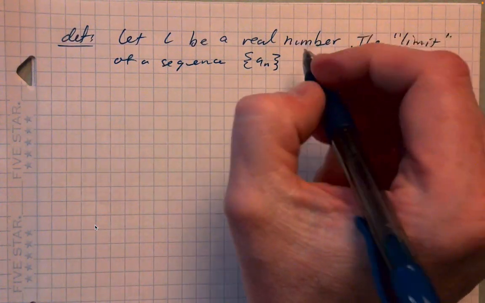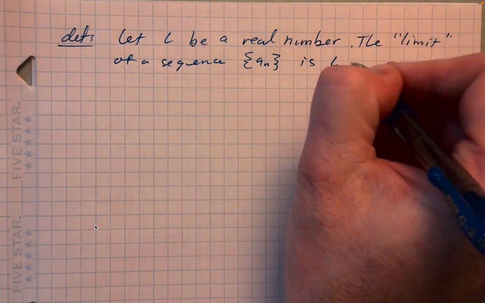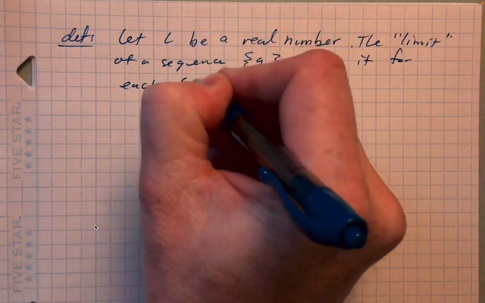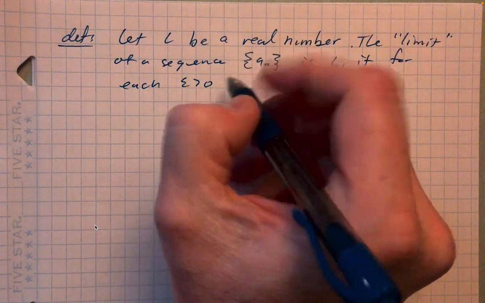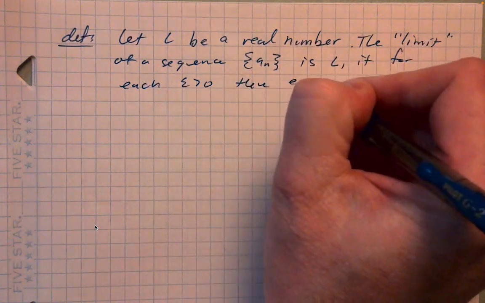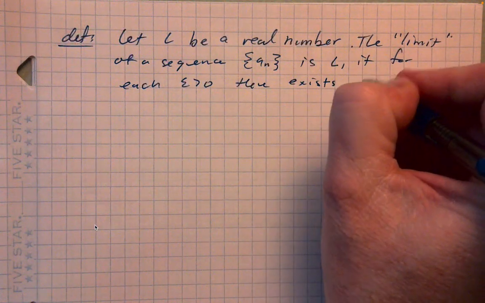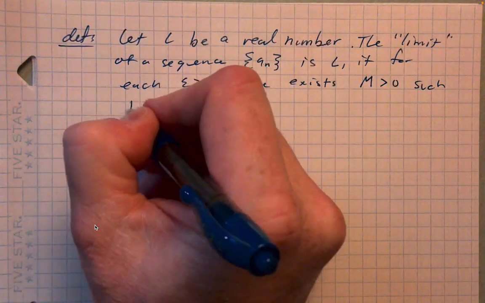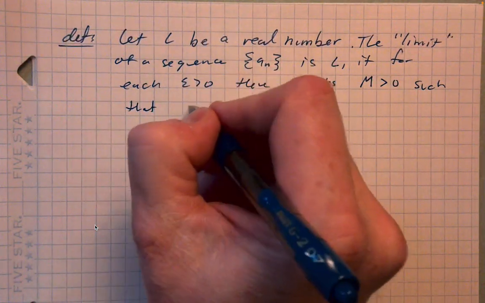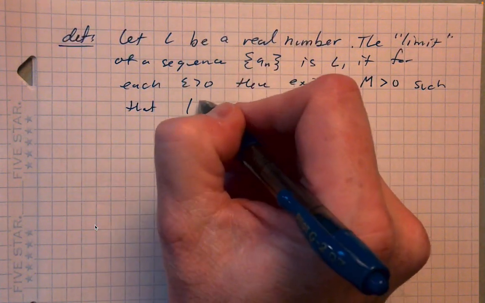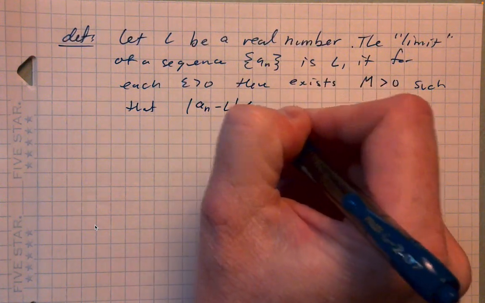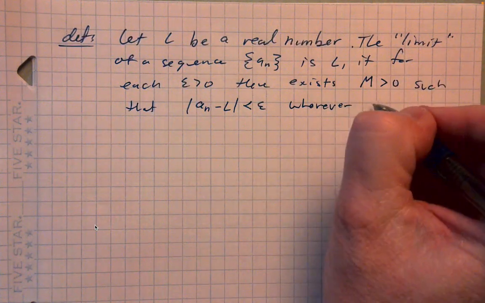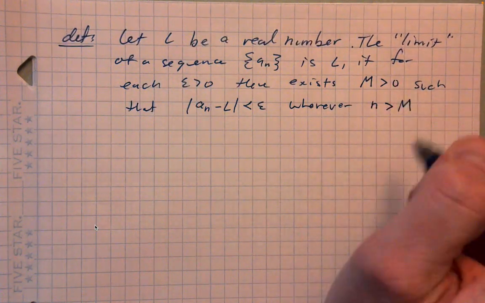So the limit of a sequence a_n is L if for each epsilon greater than 0, there exists an M greater than 0 such that the absolute value of a_n minus L is less than epsilon whenever n is greater than M.